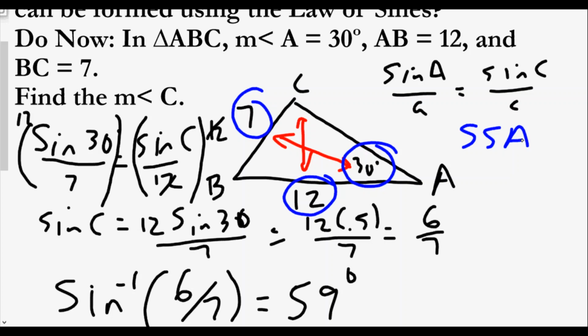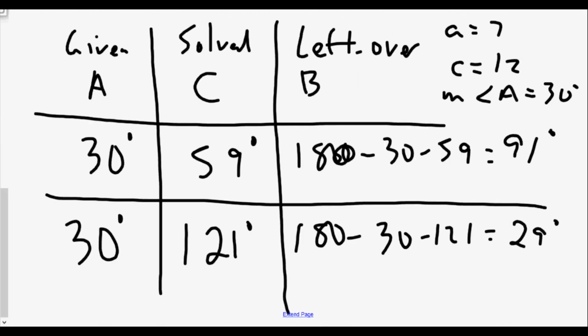And so a way to approach all this is to keep in mind that you want to set up a table. Look at the table here. In this table we're going to have our given angle measure, a solved angle, and then the leftover number of degrees. This is where we find, can we come up with a triangle based upon the information?